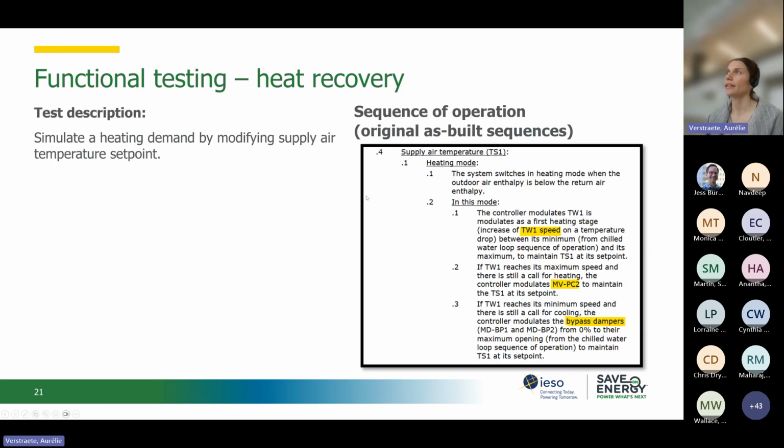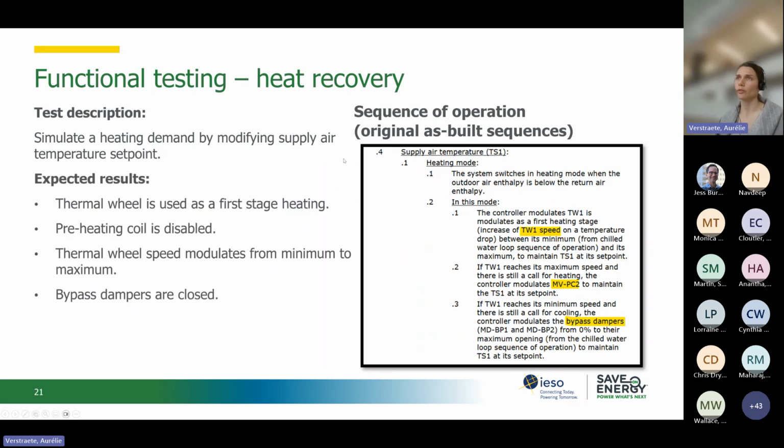Here again we give an example of a functional test. In that test, the objective is to simulate a heating demand by modifying supply air temperature set points. You have here the original sequences of operation, and the commissioning provider will document what results he expects.